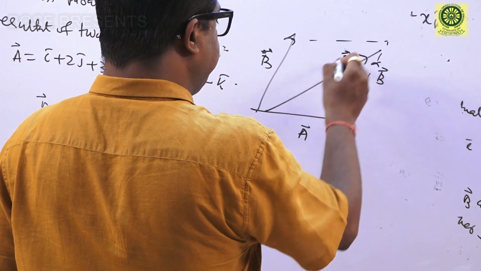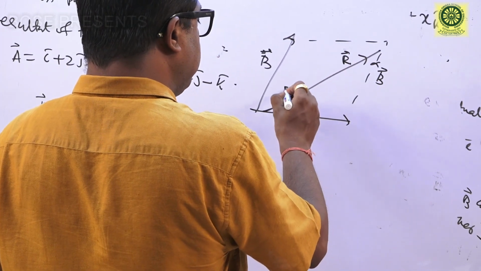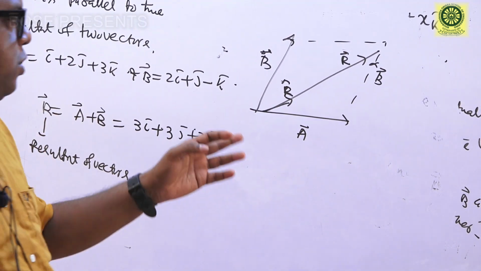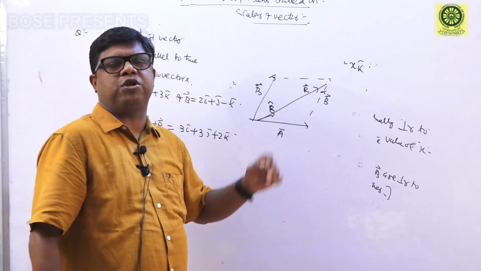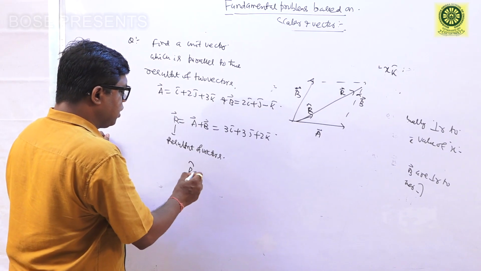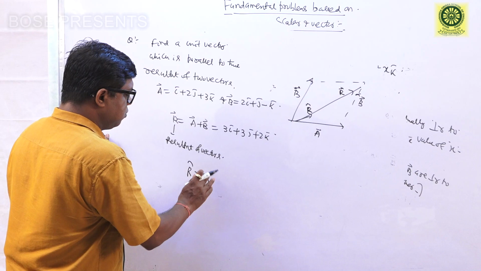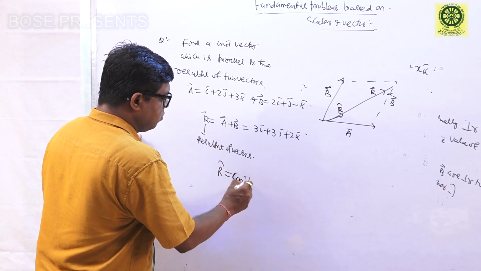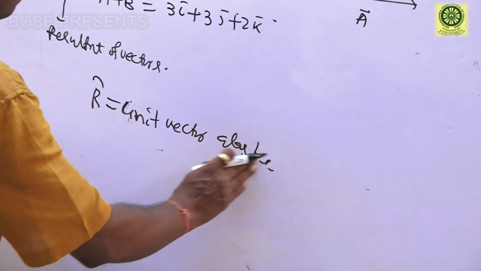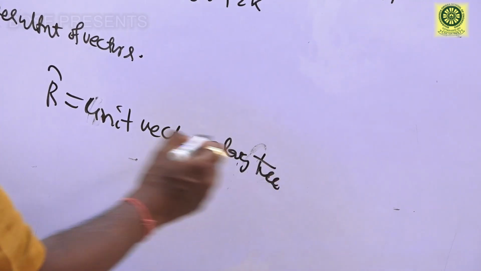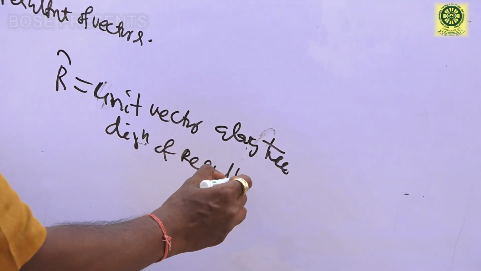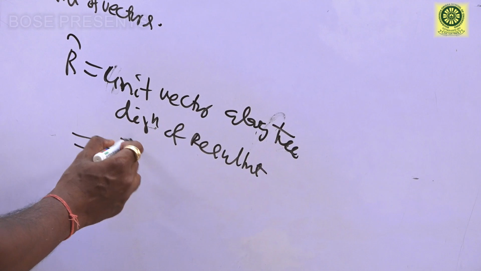So we have to calculate the unit vector which is parallel to the resultant, that means R cap. R cap is the unit vector along the direction of the resultant R. That is equal to R vector divided by R magnitude.